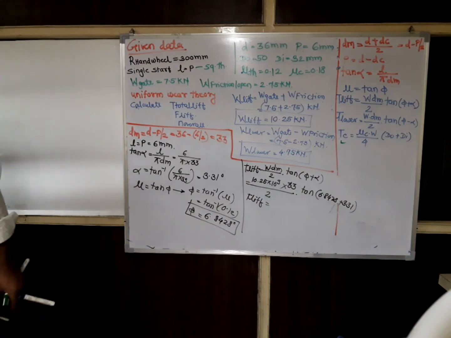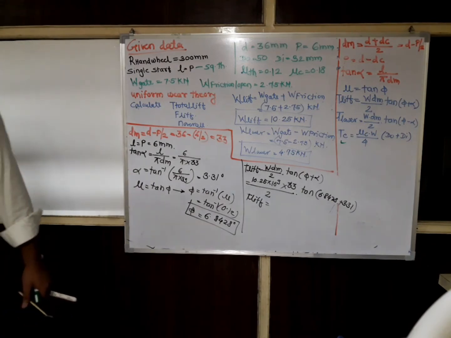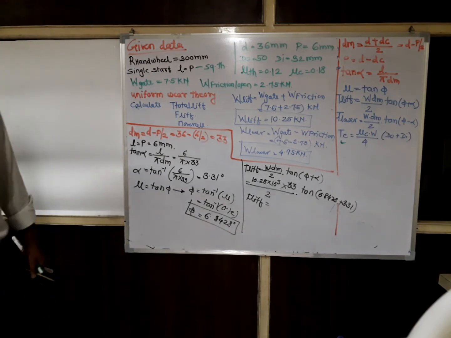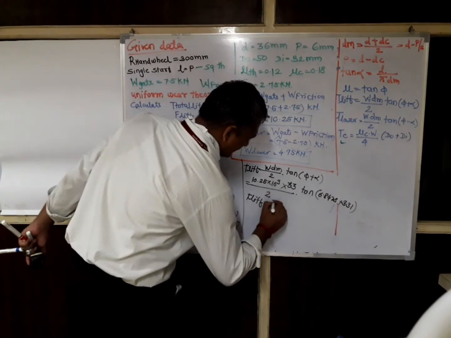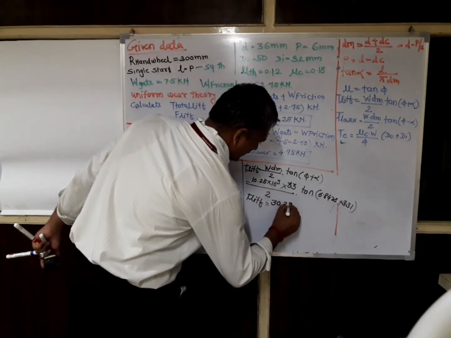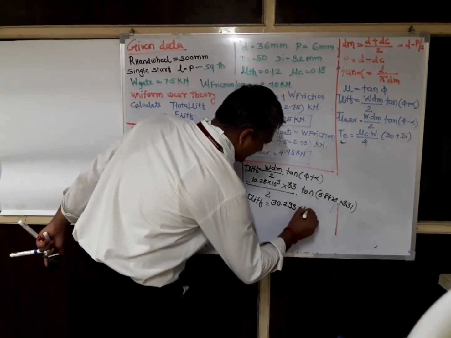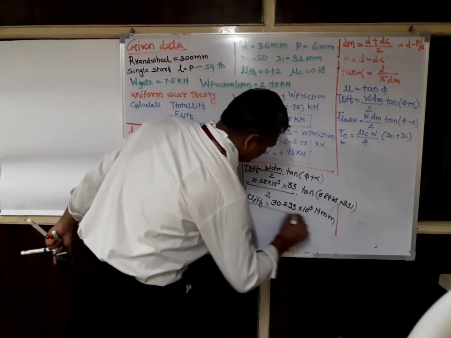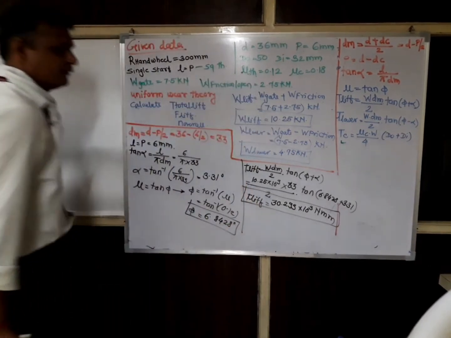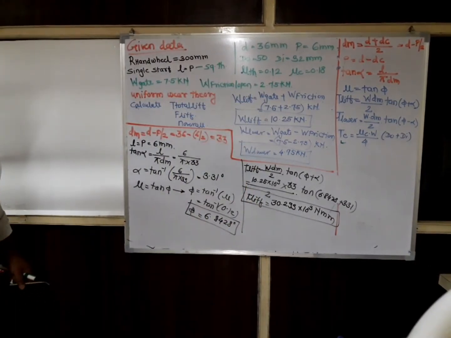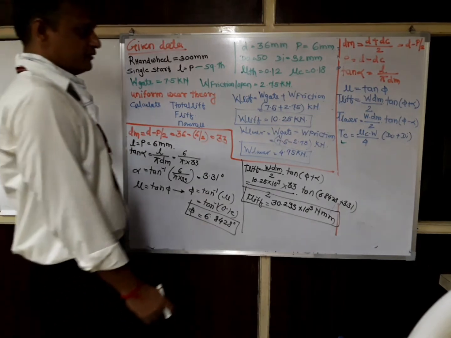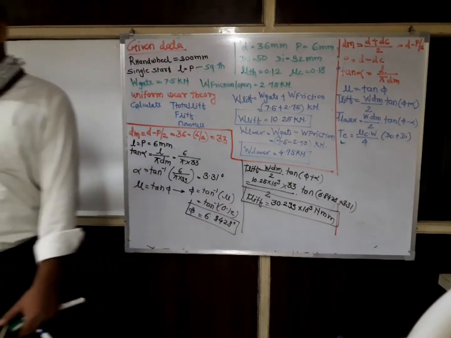Finally, after calculation, you will get T lift is equal to 30.293 into 10 raised to 3 Newton mm. Then the second one: we want to calculate the collar friction torque.